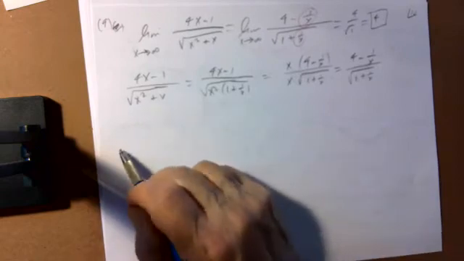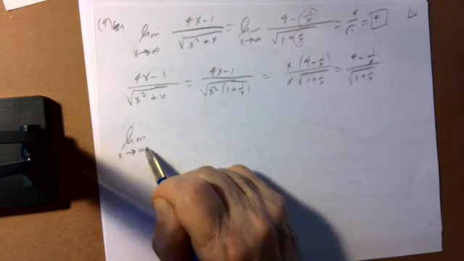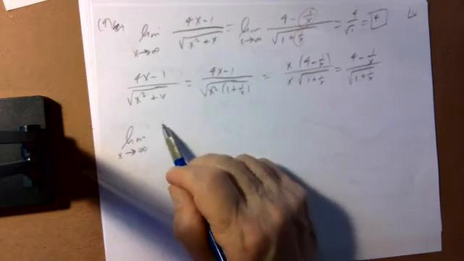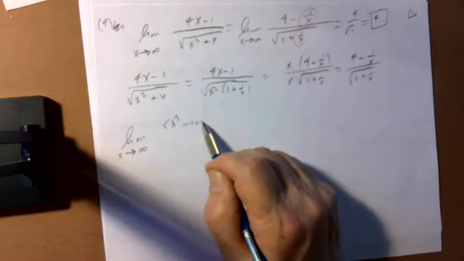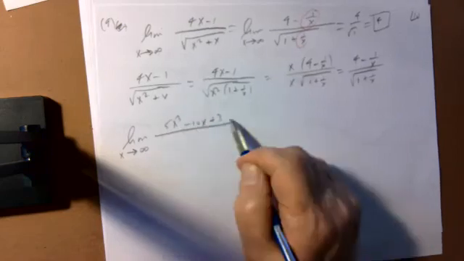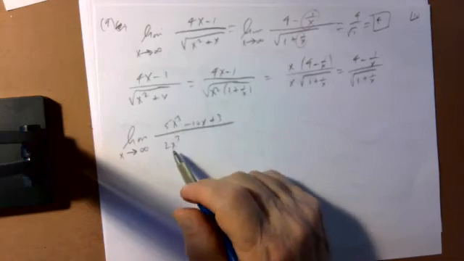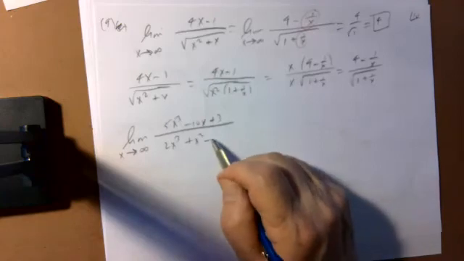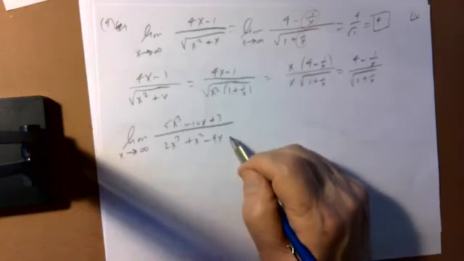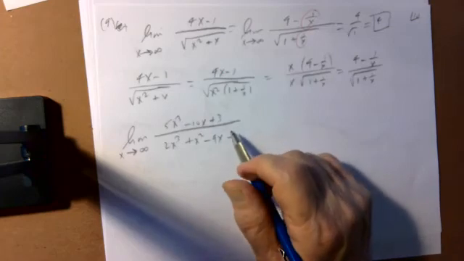Then the second example is a rational function. The limit as x goes to plus infinity of 5x cubed minus 10x plus 3 over 2x cubed plus x squared minus 9x minus 1.